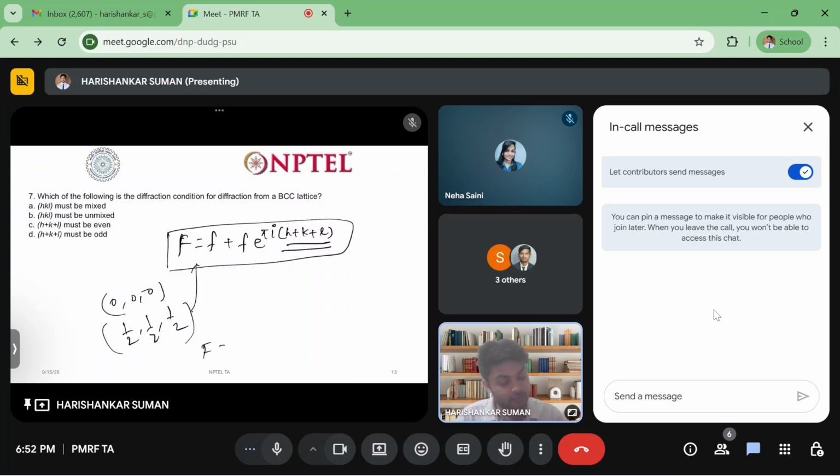In a summation over, let's say, j to n, fj e to the power 2 pi i (h x plus k y plus l z) in this equation.